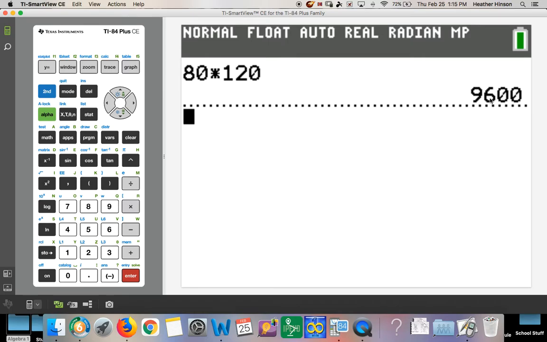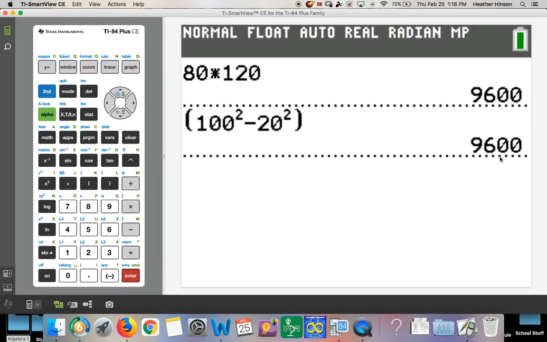So we just plug in the other answer choices and see which one of those are equal as well. For A, we have 100 squared minus 20 squared. That one matches, so we know A is our answer.